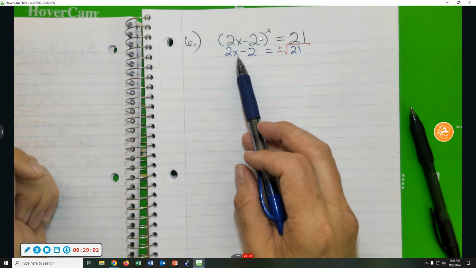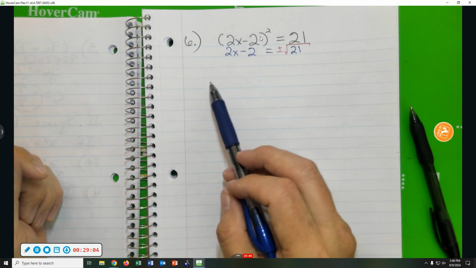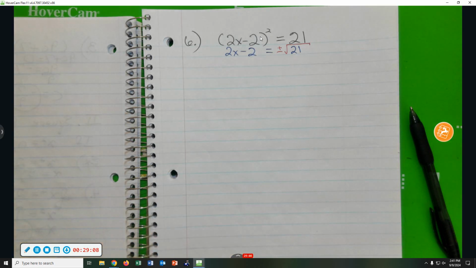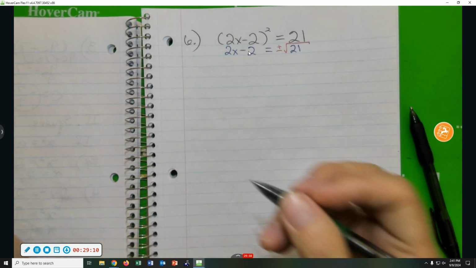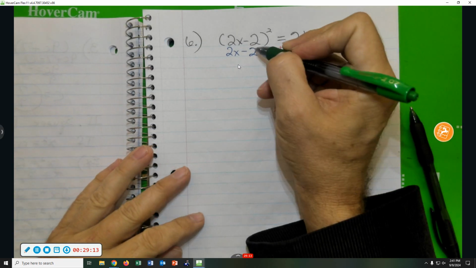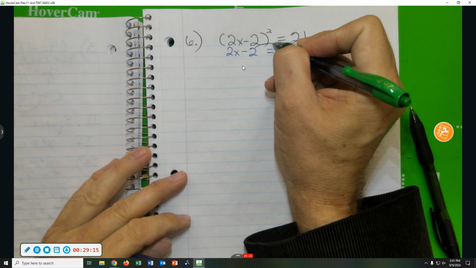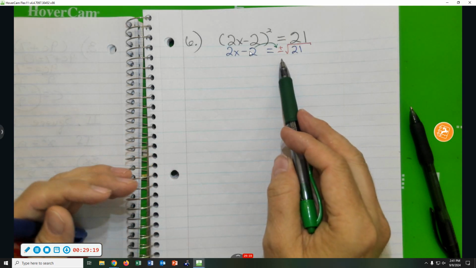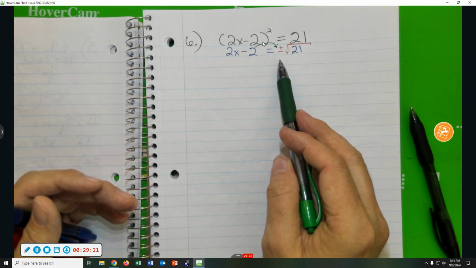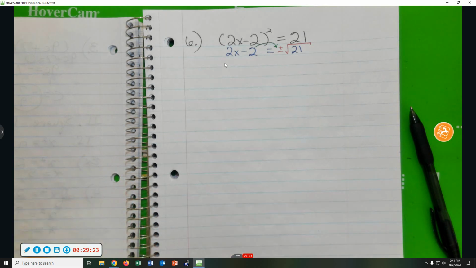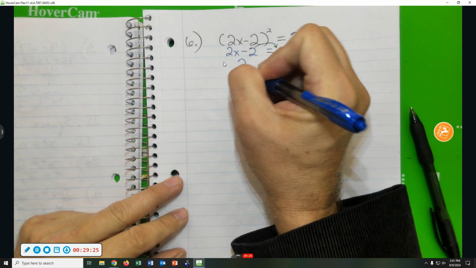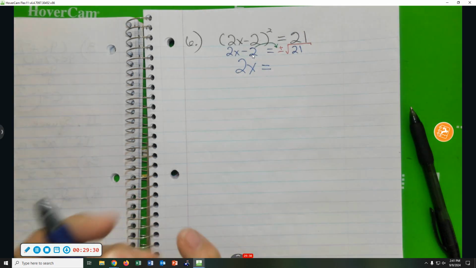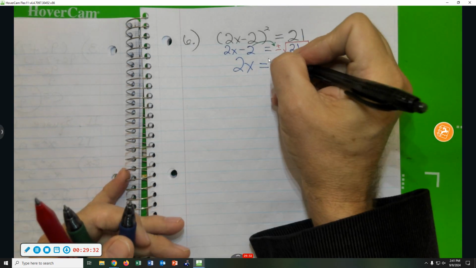What will I do first? Okay, I'll get rid of that negative 2 by subtracting 2. No, by adding 2. Adding 2. And notice that minus 2, when it comes over here, what's it going to become? A positive 2. So I'm going to have a 2x equals, that negative 2 is going to move over and become a positive 2.